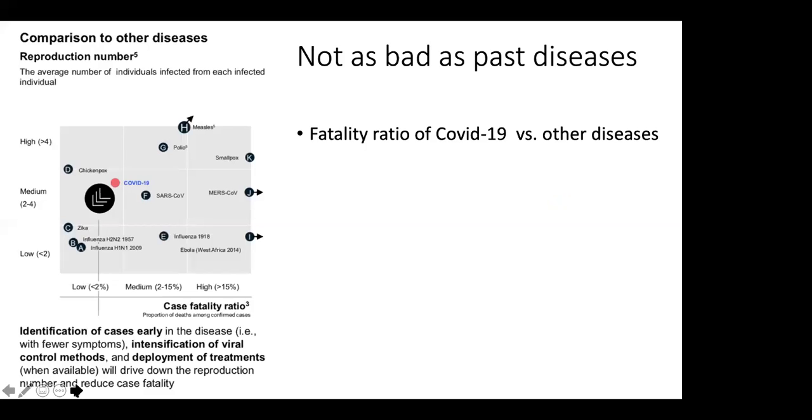But actually, coronavirus is not as bad as past diseases. For example, this graph, left side is infection reproduction number, and right side is case fatality ratio.